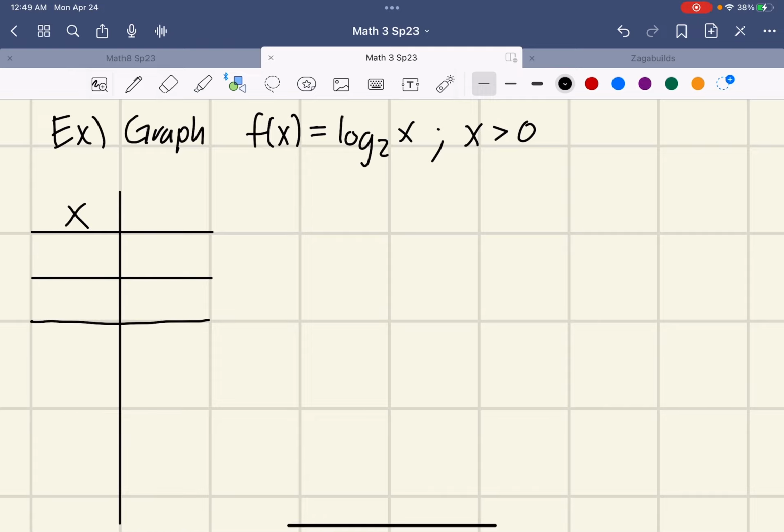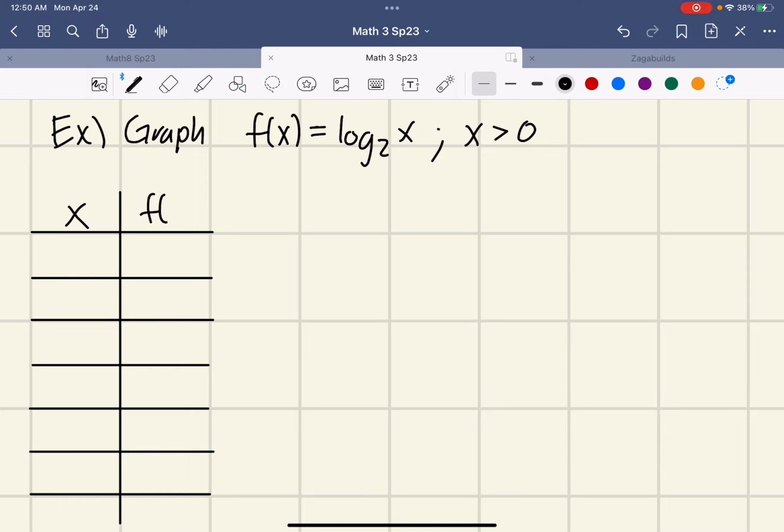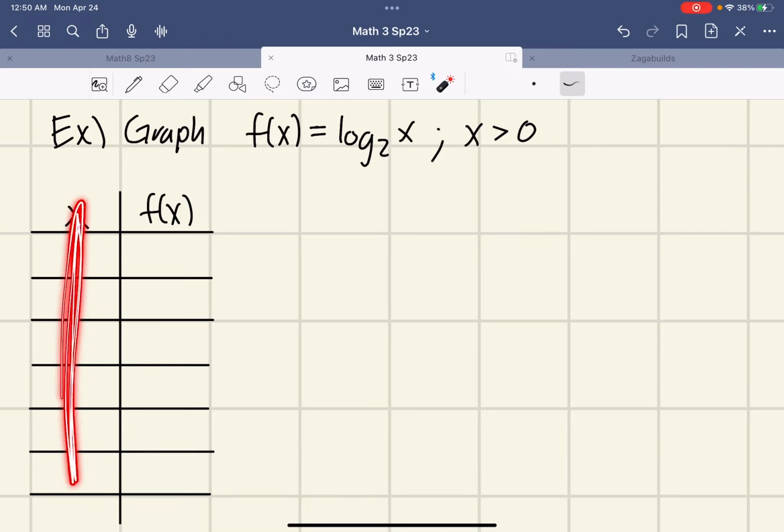And when it came to this table, you are allowed to choose any value and then find its corresponding value. But after a while, we really did stop thinking about choosing values from one particular column. We stuck to only choosing our x's.